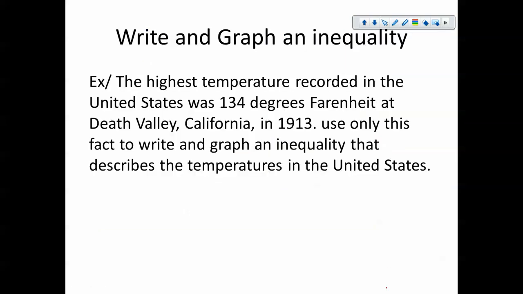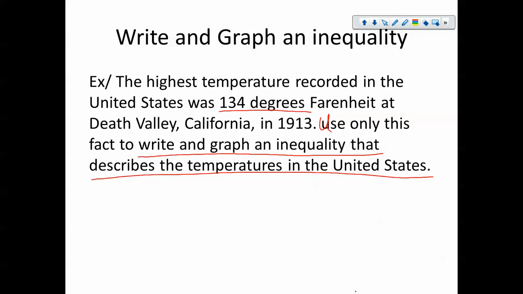Write and graph an inequality. So here we have a word problem. The highest temperature recorded in the United States was 134 degrees Fahrenheit at Death Valley, California in 1913. That should be a capital U right there. Use only this fact to write and graph an inequality that describes the temperatures in the United States.